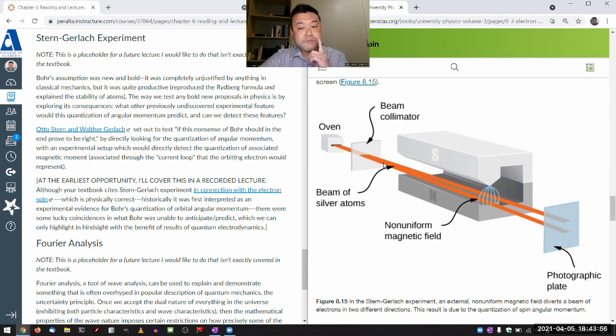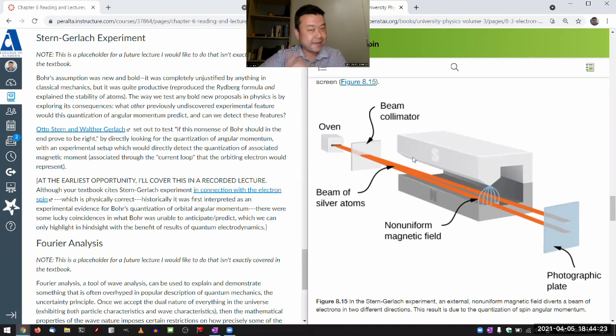In a magnetic field, they had a reason to suspect it might do something. This is a non-uniform magnetic field, and it's designed to exert a force on a magnetic dipole that I'll talk about in a little bit. They were looking for what kind of splitting this magnetic field would cause on the silver atoms.